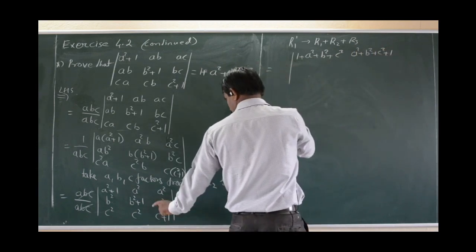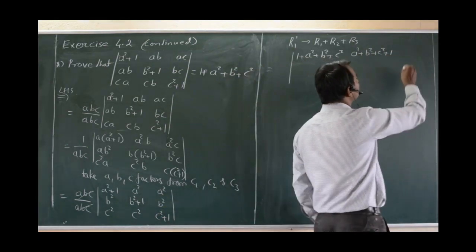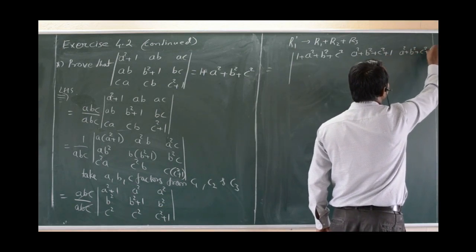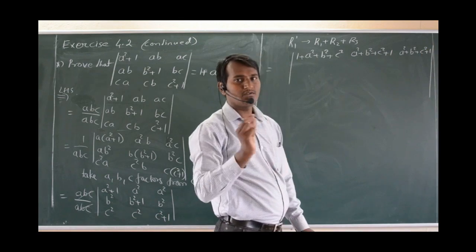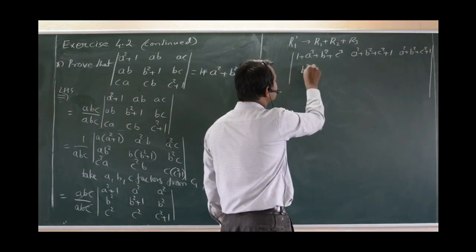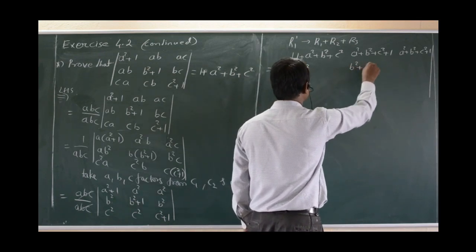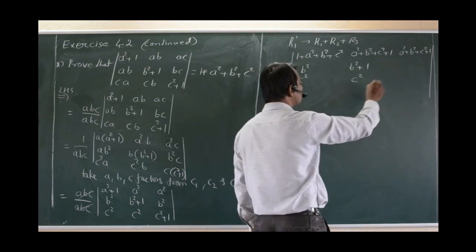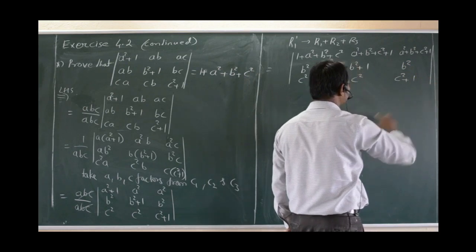Next, a square, b square plus c square, that is a square plus b square plus c square plus 1. Fine. Now the remaining rows I will keep as they are. The remaining rows are a square, b square plus 1, c square, and a square, b square, c square plus 1.